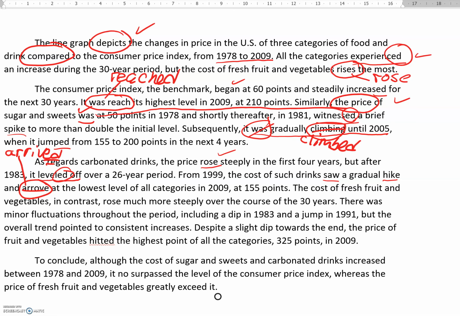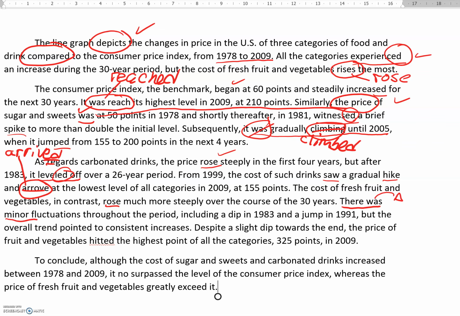The cost of fresh fruit and vegetables, in contrast, rose much more steeply over the course of the 30 years. There was minor fluctuations. So this, you have to be careful with there was or there were, right? Because the subject comes after the verb in this case.